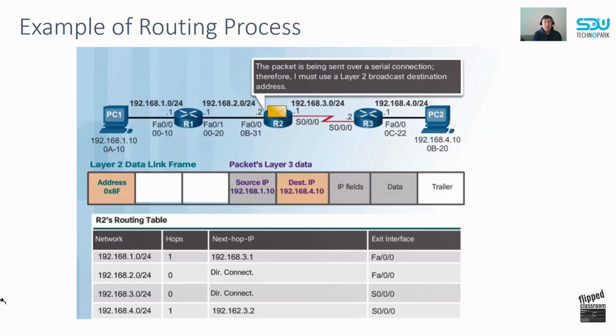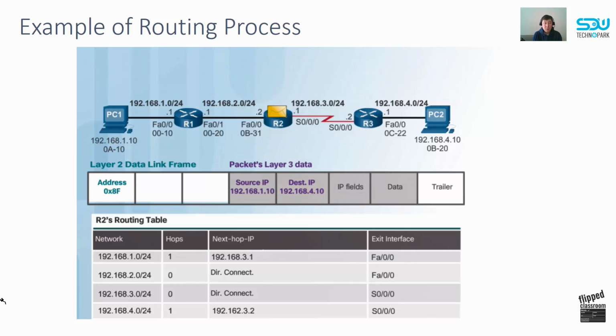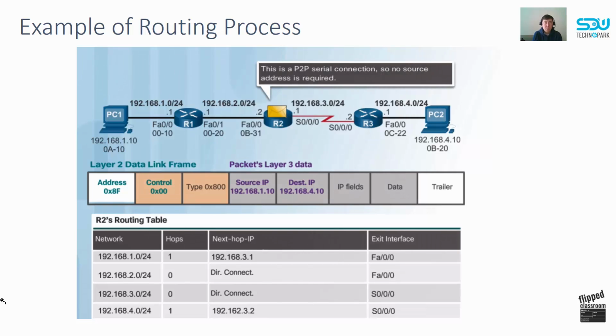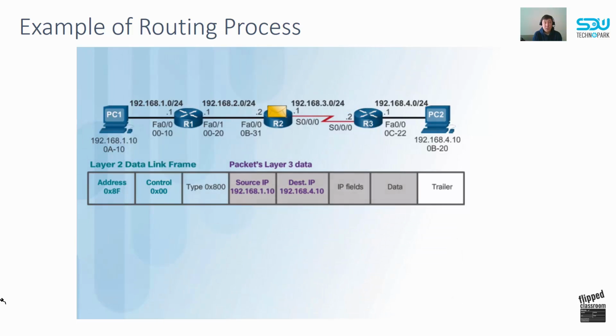That is why we will send the information as a broadcast on layer 2, and our source MAC address is not required, because as I mentioned before, we don't use MAC addresses here.